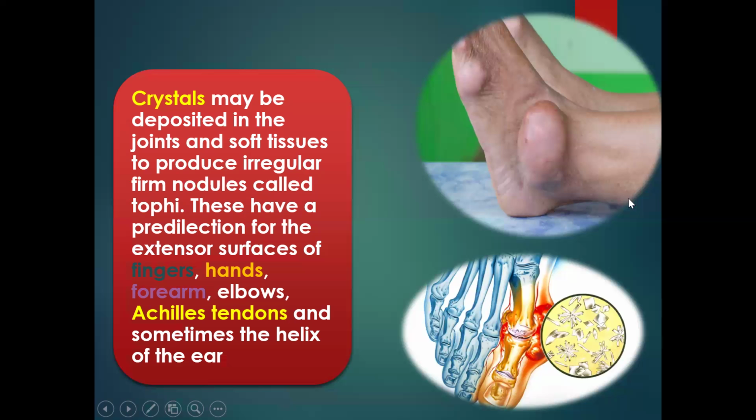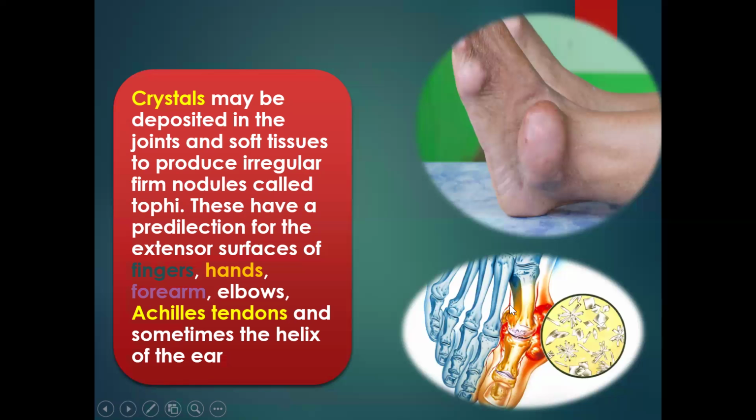This tendon that connects the leg and the foot is known as the Achilles tendon. And sometimes you can find these crystals deposited at the back of the ear. So that's where the gout crystals can be found. Also, the other crystals can be found deposited in those areas.